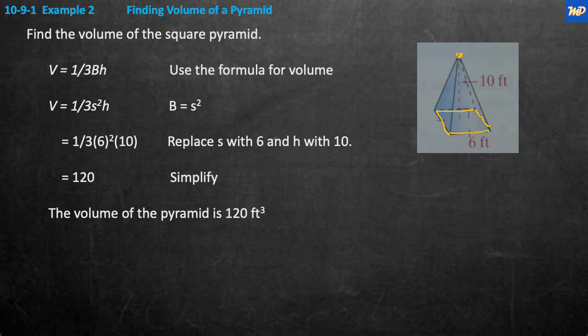We replace the S for the side of the square down here with 6, and we squared it, and the height is 10 feet. So when you multiply this up, we're going to get 120. They didn't care here, but I'm just going to write it in anyways. Feet what? Feet cubed. And here it is. The volume of the pyramid is 120 feet cubed.